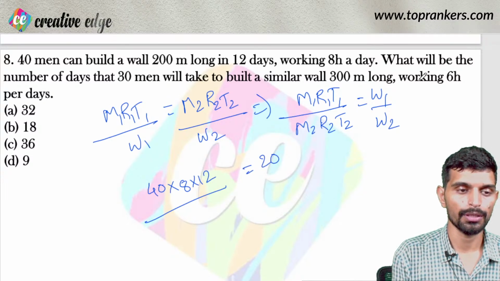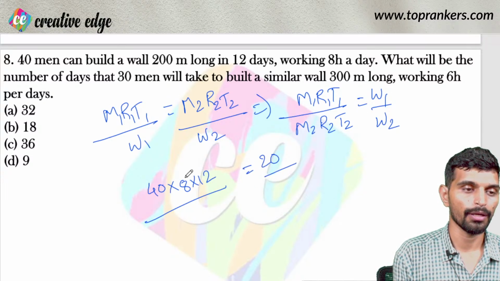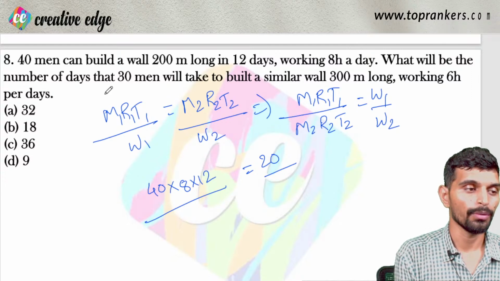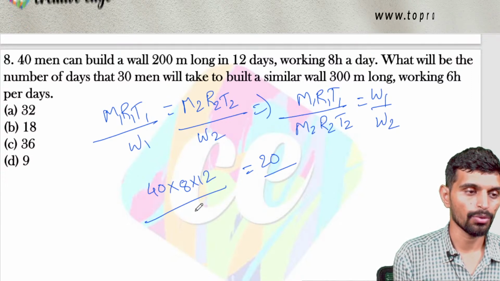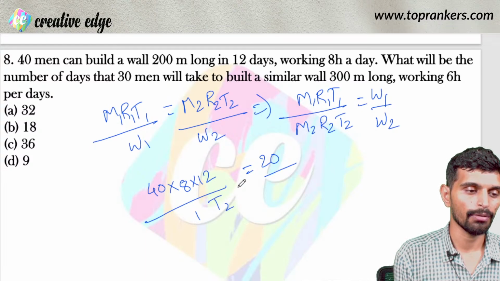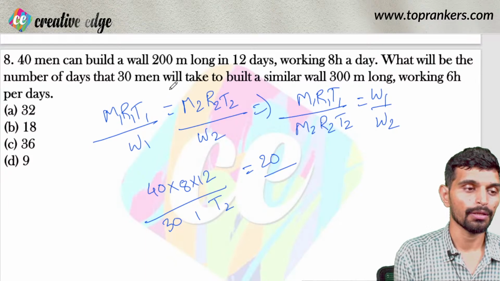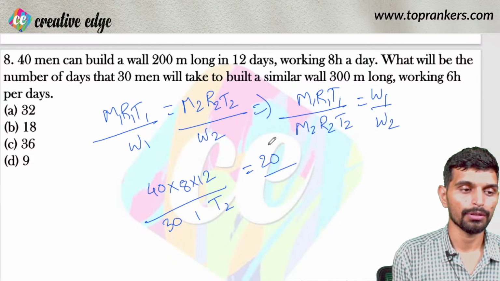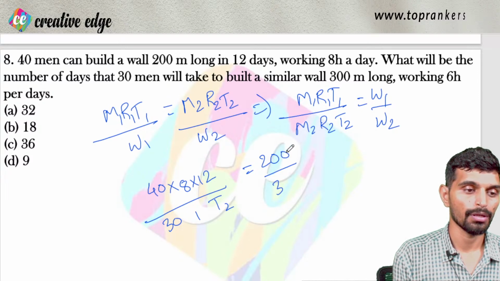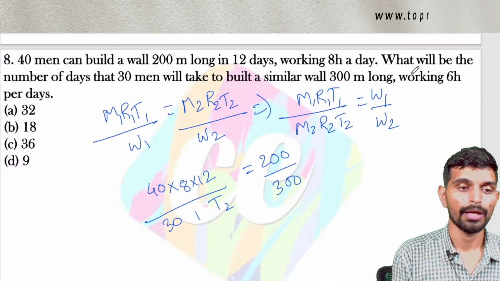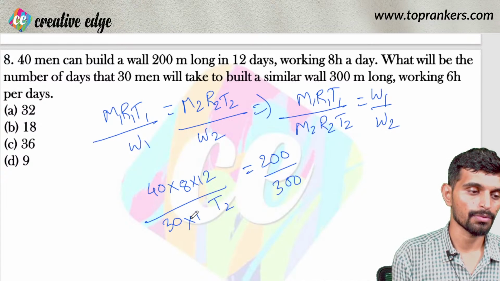So let's put it here, divided by what will be the number of days, that you need to determine, time T2, 30 men working, the work to be done is 300 units and working 6 hours a day. So this is 30 into 6 into T2.